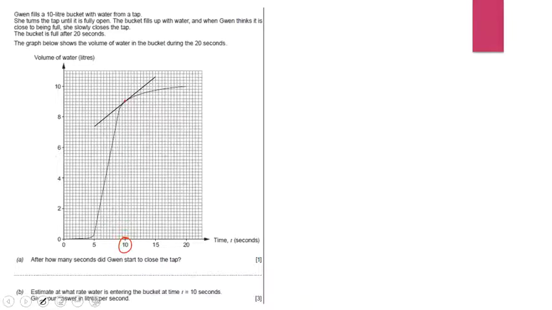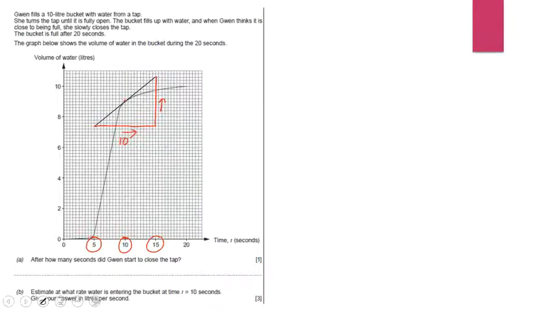So I've drawn a tangent that goes from 5 to 15, so that I can work out the two most important parts of the gradient, which is how far has it gone up by how far has it gone across. So it's a positive gradient. So it's gone from 5 to 15 along the bottom here.